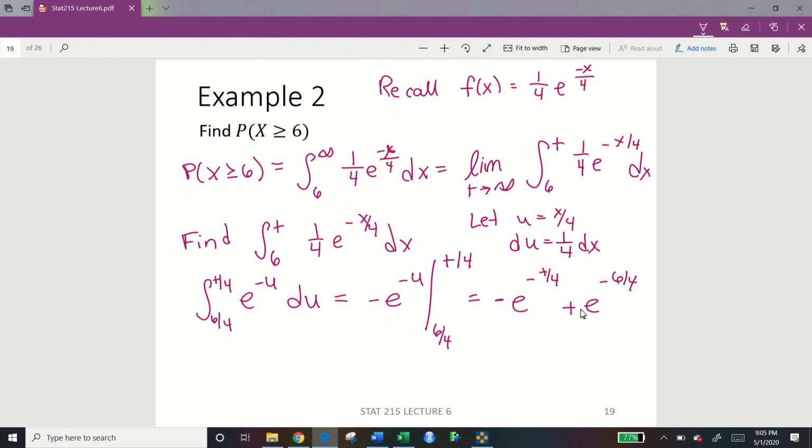Now, if we take the limit as t goes to infinity of e to the negative 6 over 4 minus e to the negative t over 4, that will give us e to the negative 6 over 4, which will give us our probability of 0.2231. Wow, that was a lot of work.